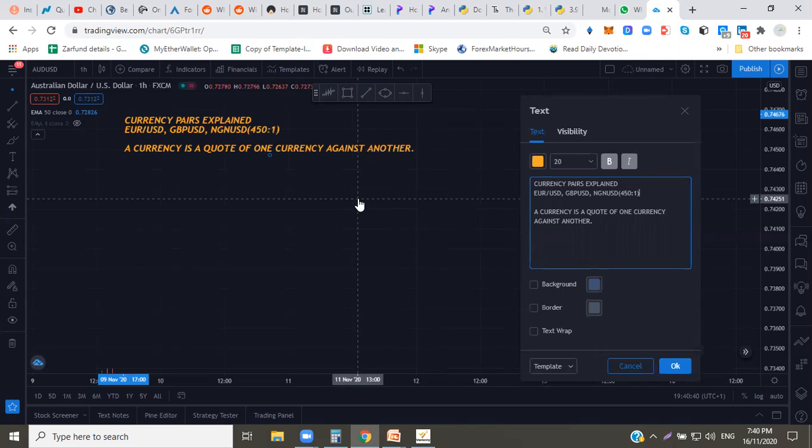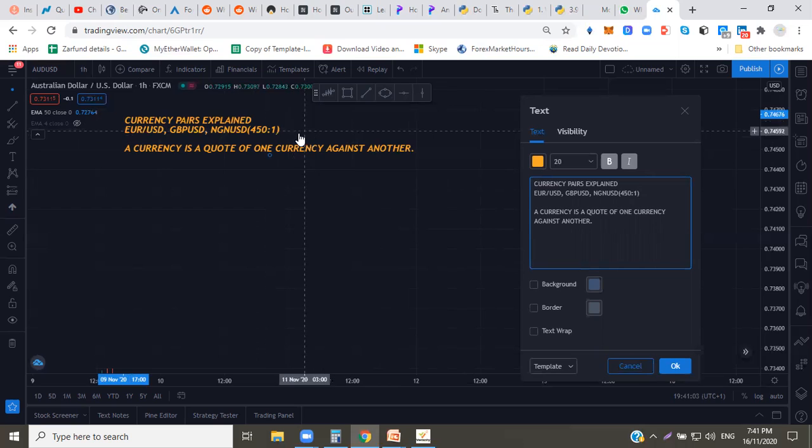Do you understand what I just wrote? NGN USD 450. That is how much it will cost you to buy $1 with naira. So this is usually how a currency is quoted.